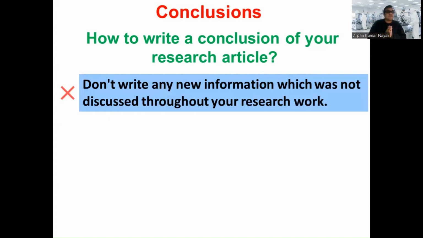From that, you have to find your story, which will justify your title and abstract. So nothing new should be there in the conclusion. When we start writing, we have to focus on our introduction, results, discussion and method sections, all these previous parts we have written. From that, we should write our conclusion.